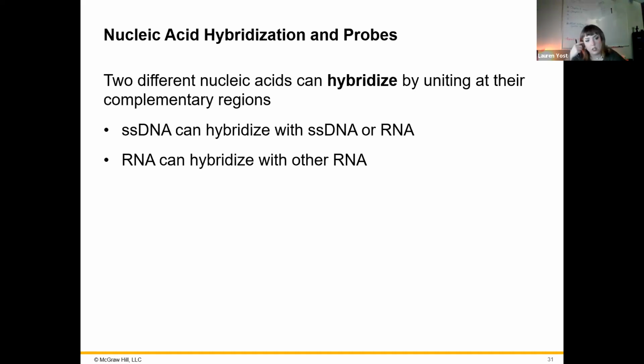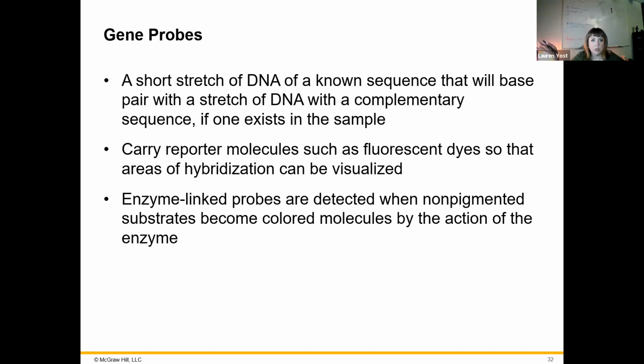So essentially it allows us to match up gene sequences with one another. It's called hybridization because we bring the single-stranded DNA back together from a probe and your original source that you're checking to see if it's there. So that's the idea of how that would work.